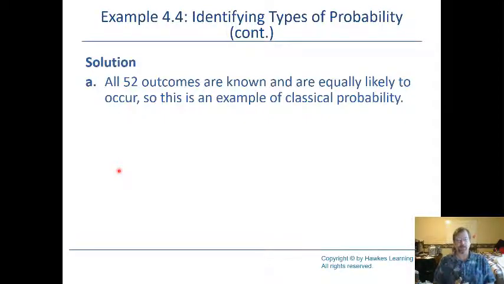We know all the outcomes, we know everything's equally likely, and we can know everything in that event space. Similarly, if we want the probability of pulling a queen, that would be 4 in 52. Again, we know all of the outcomes. We know all of the results that fit in that event.